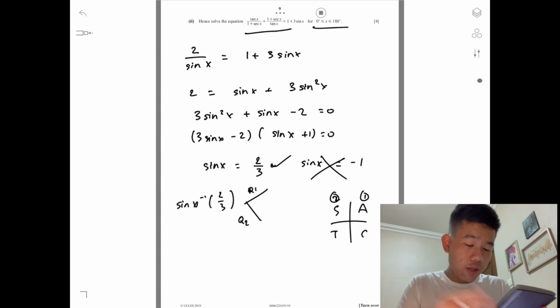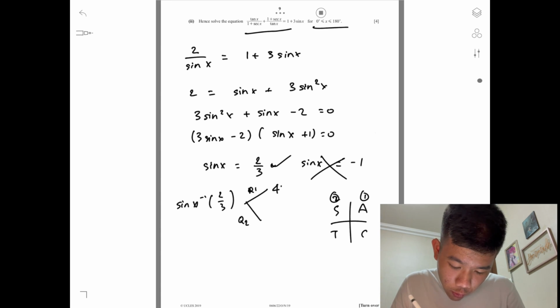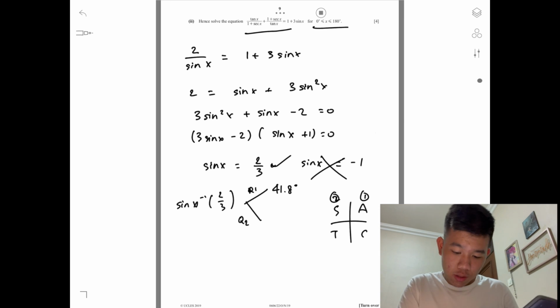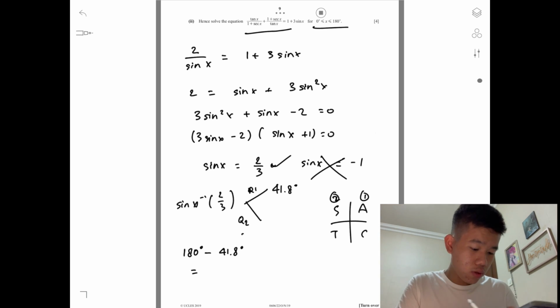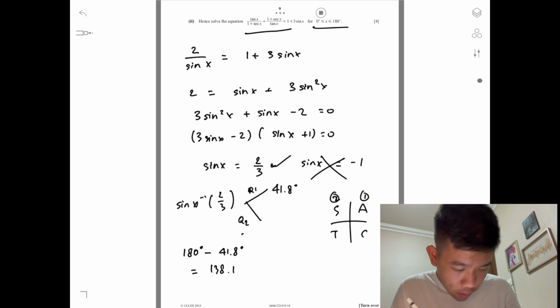Sine inverse of 2 over 3 in degrees. This will give us 41.8 degrees, and since this is in quadrant 2, just 180 degrees minus 41.8 degrees equals 138.2 degrees.